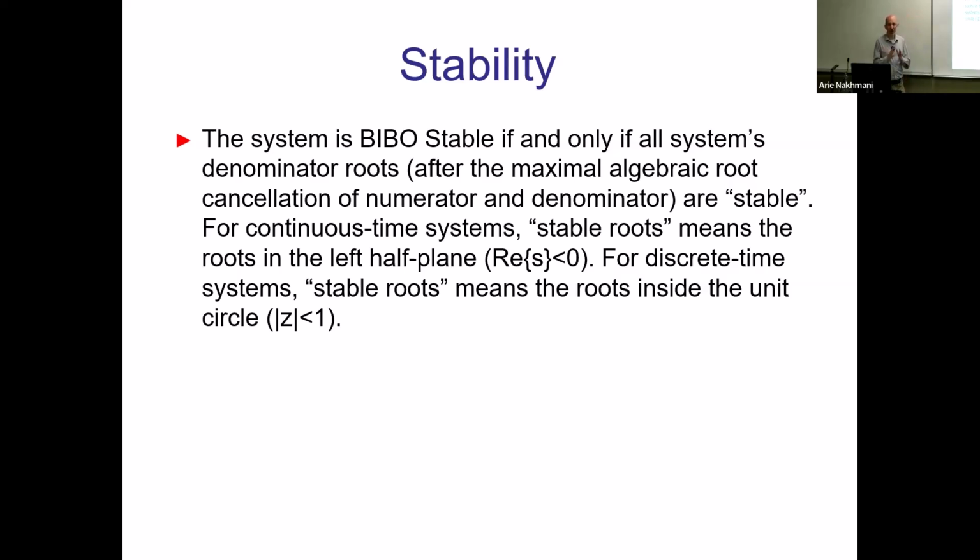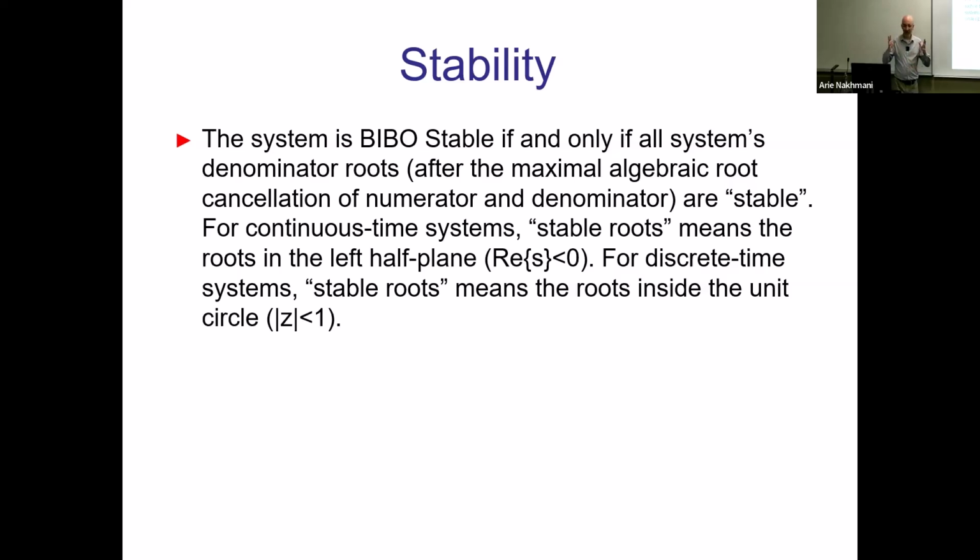Okay, so asymptotic stability in terms of the linear transfer functions that you have means that all of your poles are in the left semiplane, which means they have negative real part. This means asymptotically stable. BIBO stable means exactly the same thing, but after cancellation of zeros and poles in the transfer function.